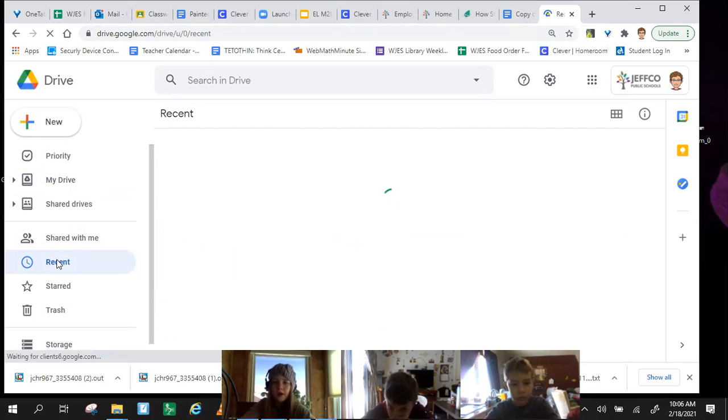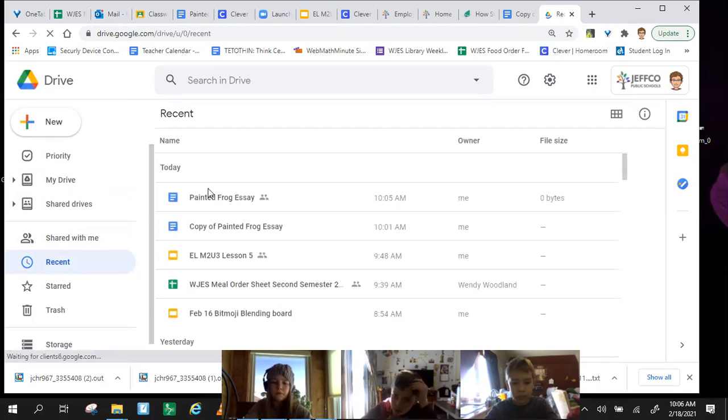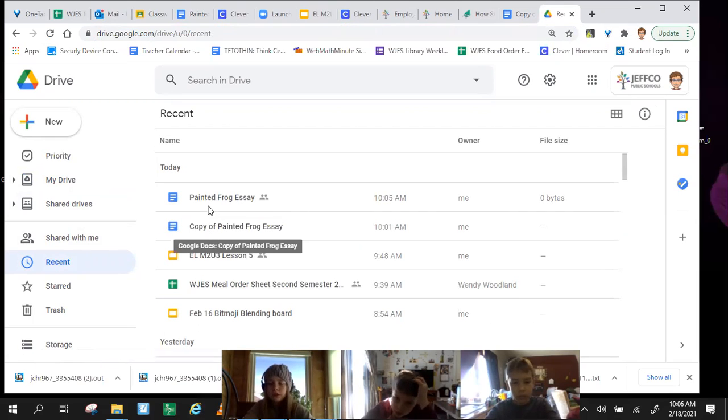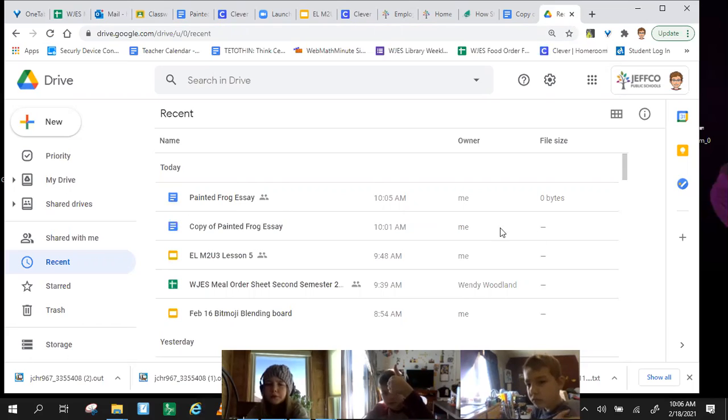You should most likely see a picture of it, or it'll be toward the top from yesterday. It's a document, so it's blue. It's not the yellow or the green, it should be blue. So Logan, we can make another copy of it if you'd like. You found it? Oh, good.